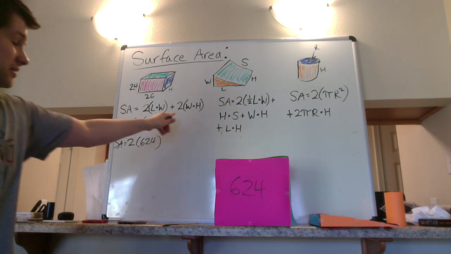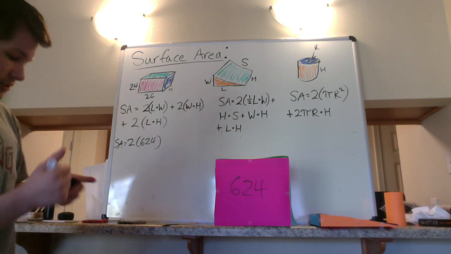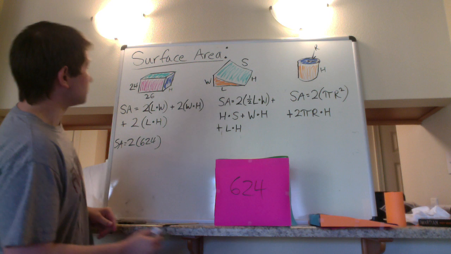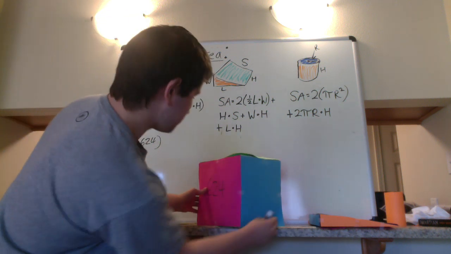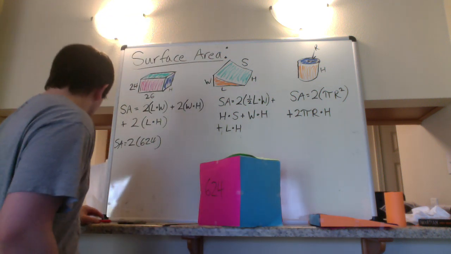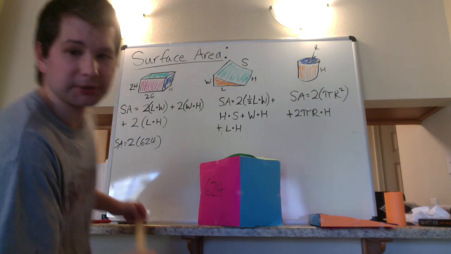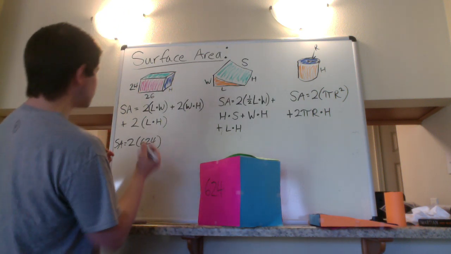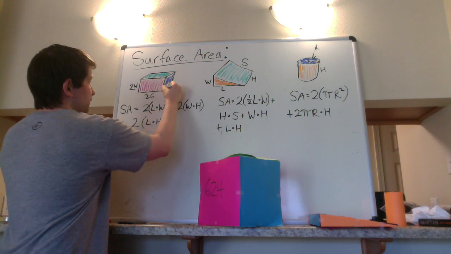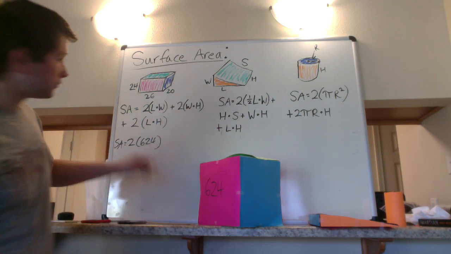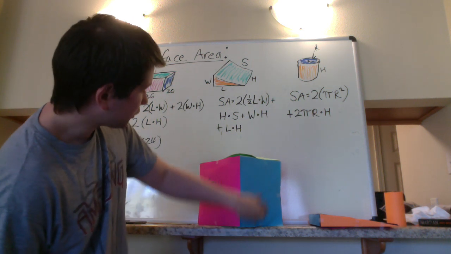Now for this next one, I'm going to need to find that height measurement. That is going to be this one right here, and that is 20 centimeters. Cool. So now I can figure out this rectangle here.